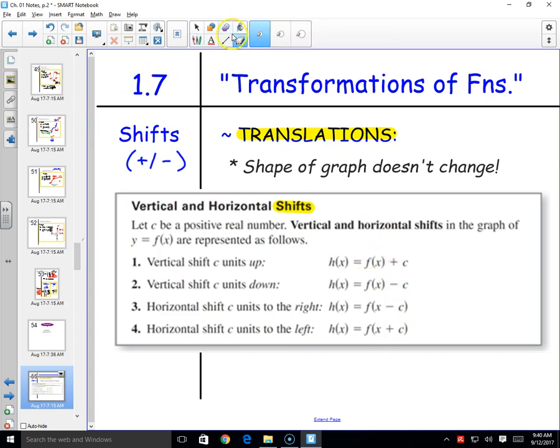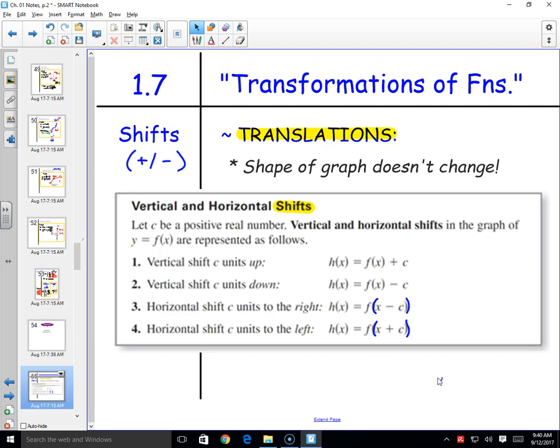On the board, what do I say next to horizontal, guys? On the inside. Question. 1, 2, 3, and 4. Which ones are on the inside in the map? Okay. And 3 and 4 are both what kinds of change? Horizontal. Now we do have to remember, of course, horizontal when you're on the inside, when a change is happening to the argument or the input, like we talked about with function notation.